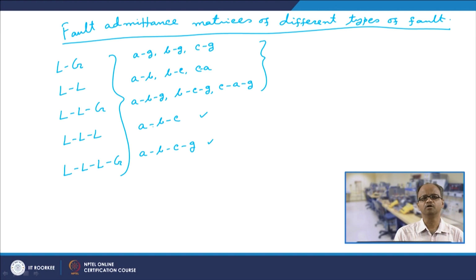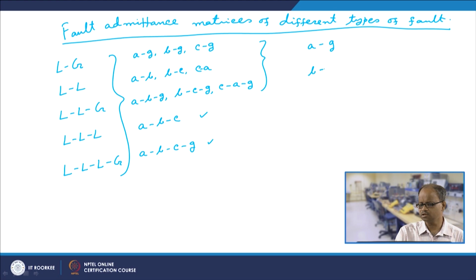Similarly, if we know how to find the fault admittance matrix for the BC fault, then by following the same procedure we would be able to find it for AB and CA. Similarly, we would look into the fault admittance matrix for the BCG fault, and by following the same procedure we would find it for ABG and CAG. So, we would only consider the fault admittance matrix for these 5 types of fault.